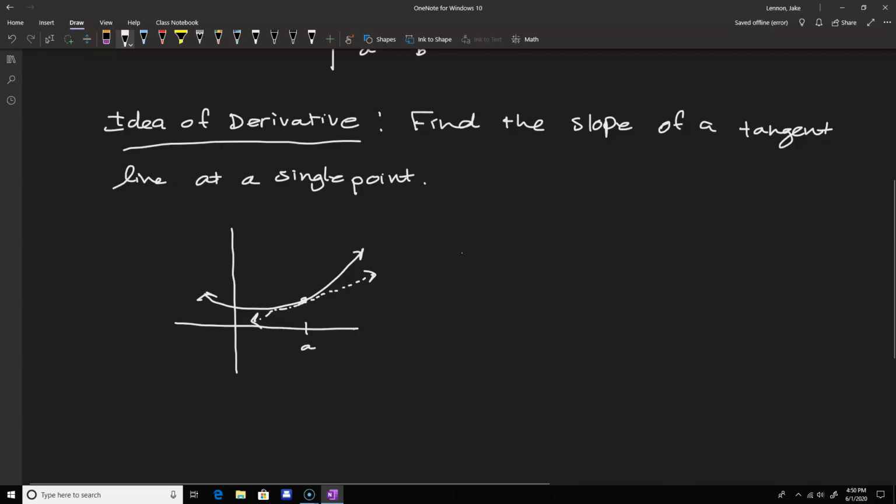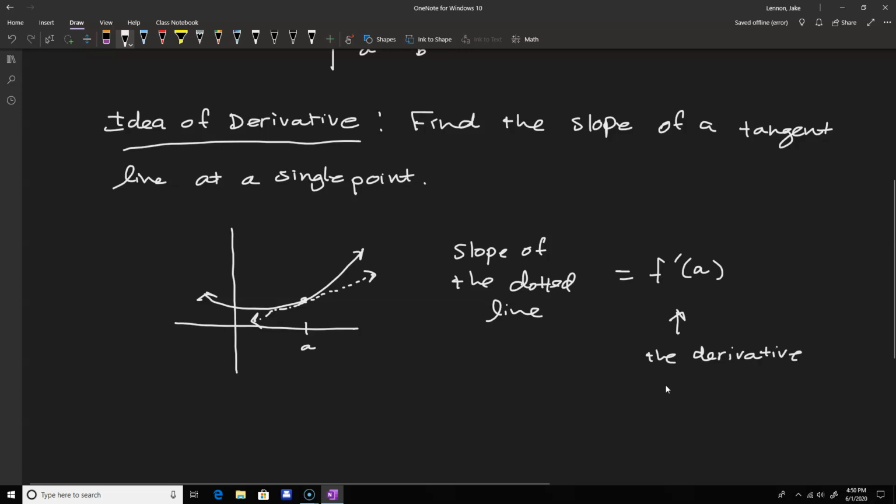So the derivative at that point, so the slope of the dotted line, this is known as the derivative of f at a, and it's denoted by f prime of a. The derivative of f of x at a.